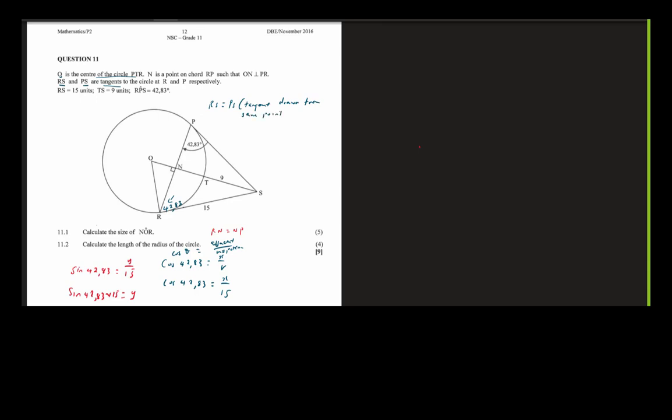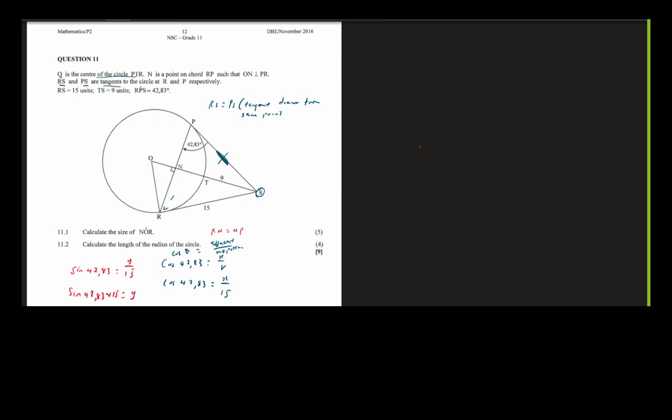This tangent from S, and this tangent from S, they are equal. Now because these tangents are equal, even the opposite angles of these sides are equal. We talked about it yesterday.